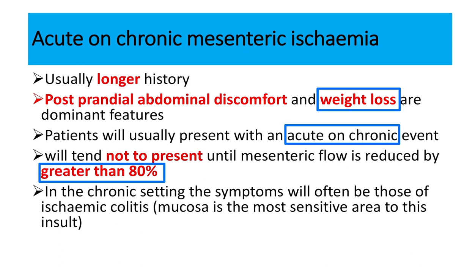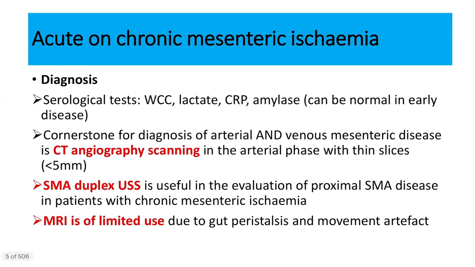In the chronic setting, the symptoms are often those of ischemic colitis, as the mucosa is the most sensitive area to this insult. The main symptoms are diarrhea and severe abdominal pain. That means an acute on chronic event.